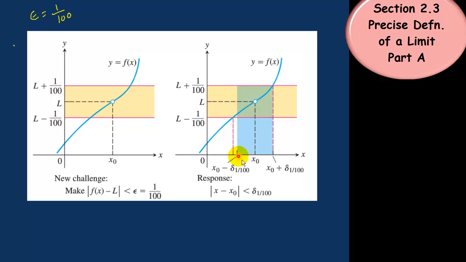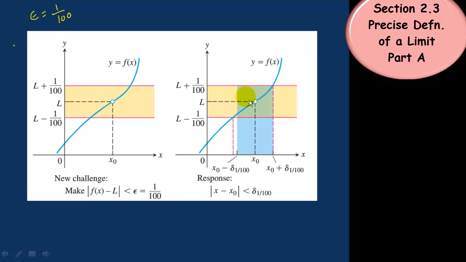Then we again create a vertical strip right here such that it stays within the box, the intersection of the horizontal and the vertical strip. The box stays within the horizontal yellow strip. And we're going to have a new value for delta depending on epsilon equal to 1/100.